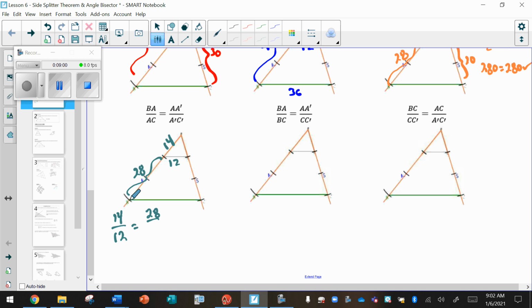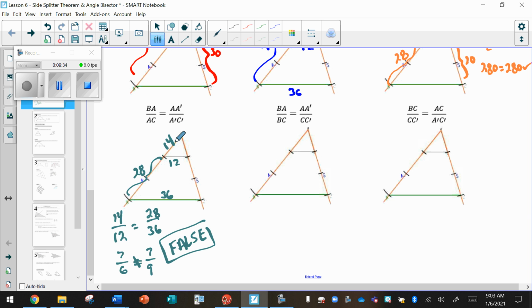And then A prime C prime, which was 36. So if we reduce those, 14 divided by 12 would reduce down to the fraction of 7 over 6. And if we reduced the 28 over 36, that would simplify down to the fraction 7 over 9. They are not equal, so that one is a false.